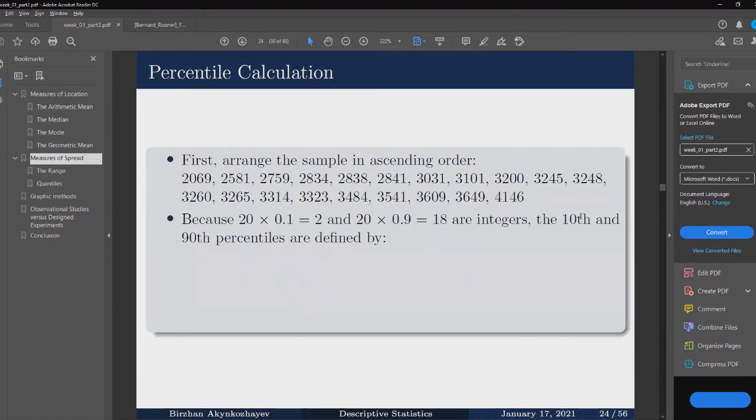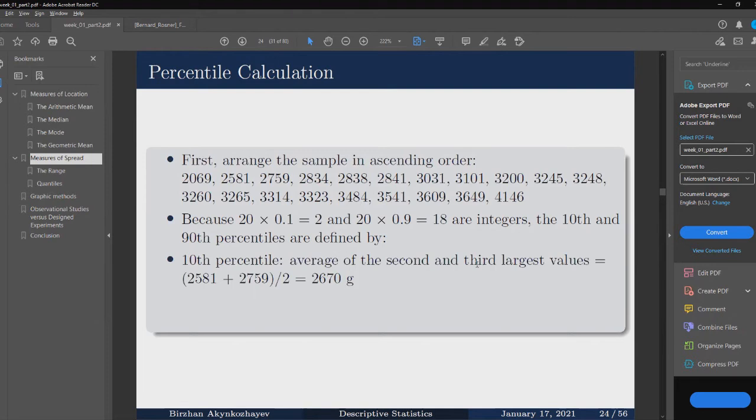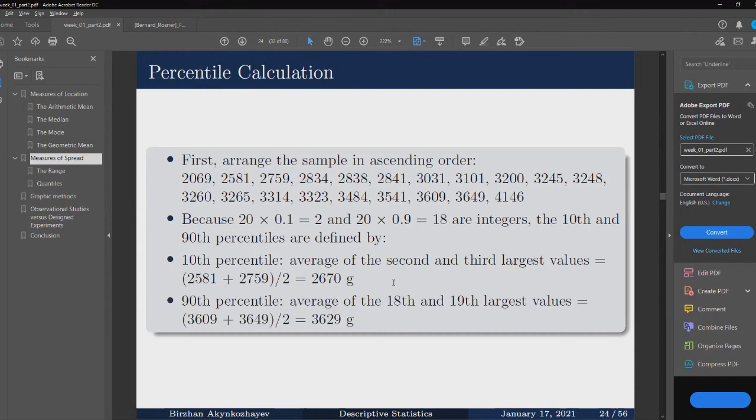And our 10th percentile is defined as average of second and 2 plus 1, third largest values. 19th percentile is calculated as average of 18 and 18 plus 1's largest observations. So average of 18th and 19th largest values.